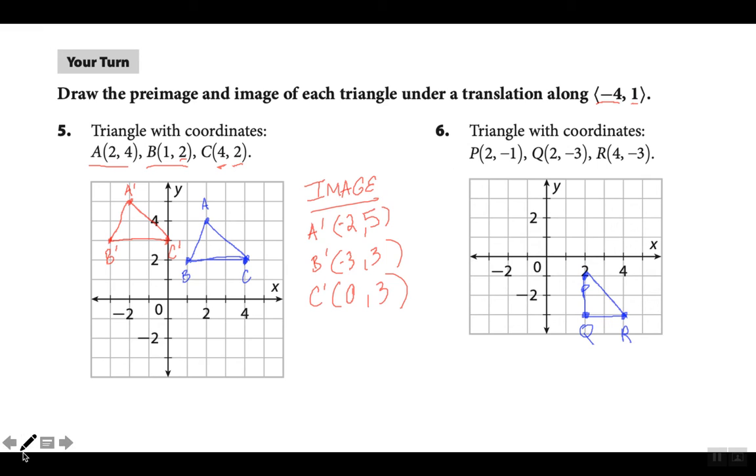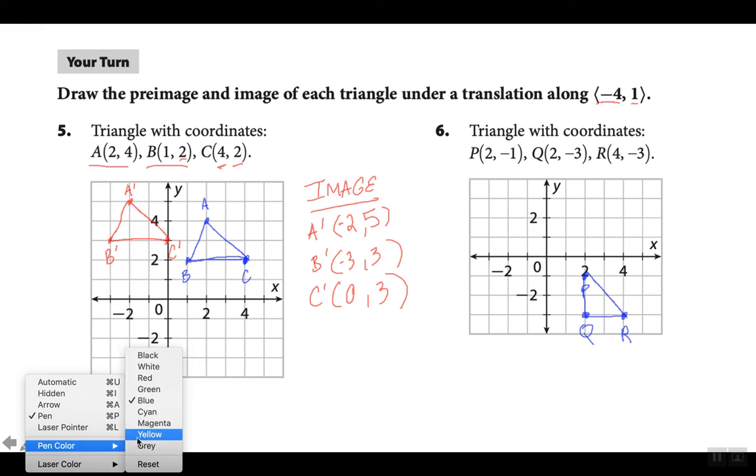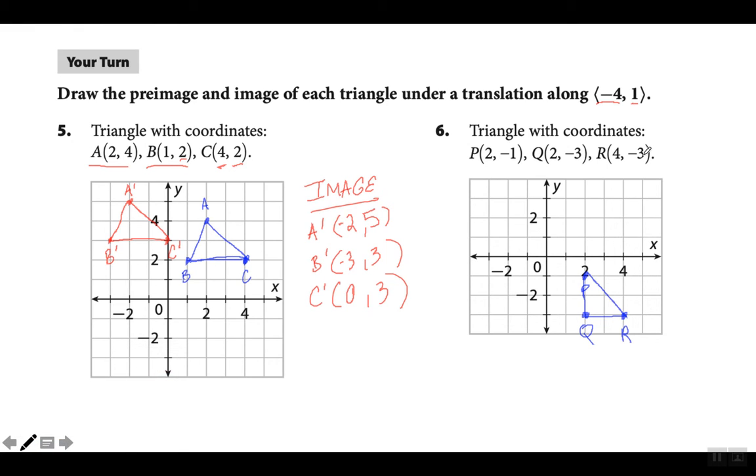Now I'm going to change my pen color to red, and let's get the coordinates of the image. Oh, almost wrote A prime. It's P prime, Q prime, and R prime.